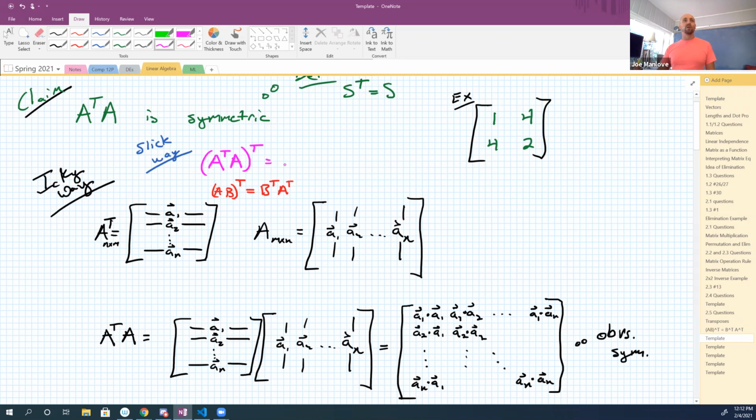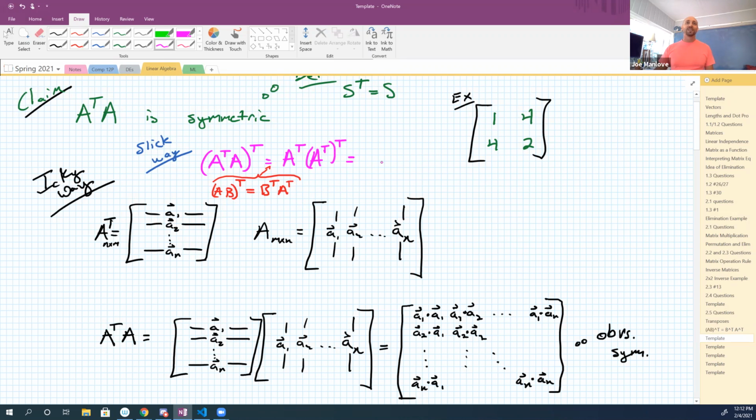So this is going to equal A transpose, that's this one transposed, times A transpose transpose. This equal sign comes from this fact. You guys with me? All right.